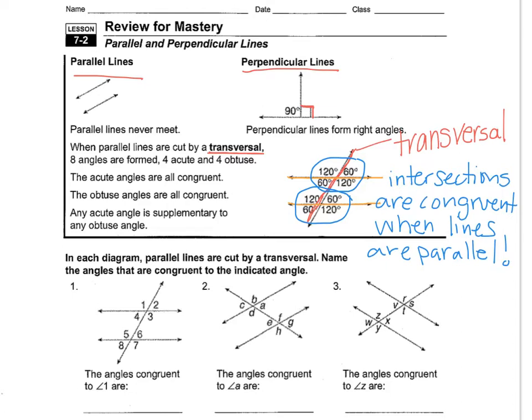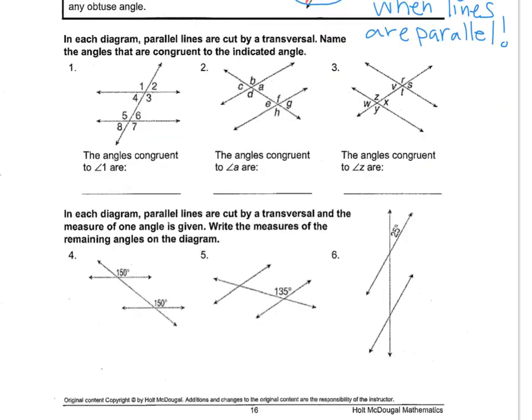So let's look at some congruency and where we find all those angles. Down here on number 1, it says in each diagram, parallel lines are cut by a transversal. So we have two parallel lines and a transversal. Name the angles that are congruent. So if this is my transversal, do you notice that it forms some obtuse angles and some acute angles?